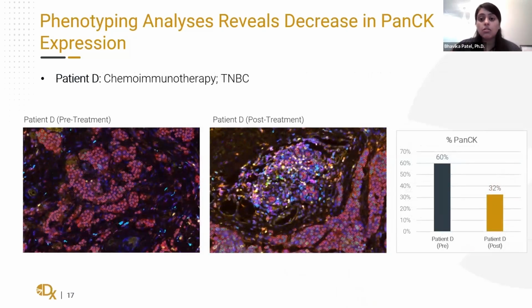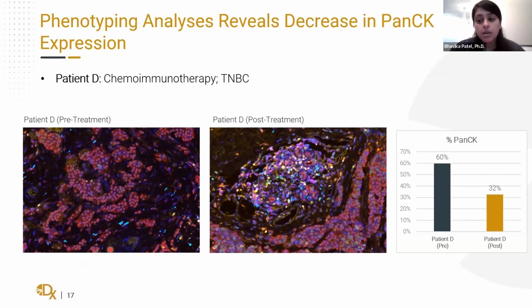Lastly, patient D also showed a significant decrease in pan-CK positive cells. As a reminder, this is our triple-negative breast cancer patient treated with radiation followed by chemoimmunotherapy. The pre-treatment biopsy shows many pan-CK positive cells indicated by the red dots on this image. These results suggest that although this tumor was quite aggressive, we see a decrease in the number of tumor cells post-treatment.